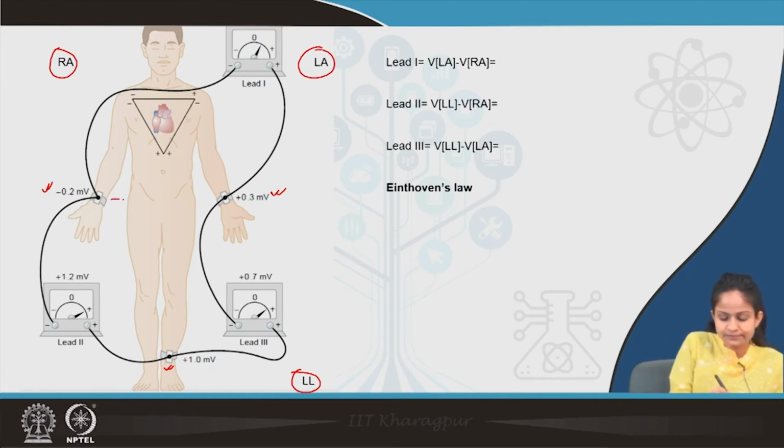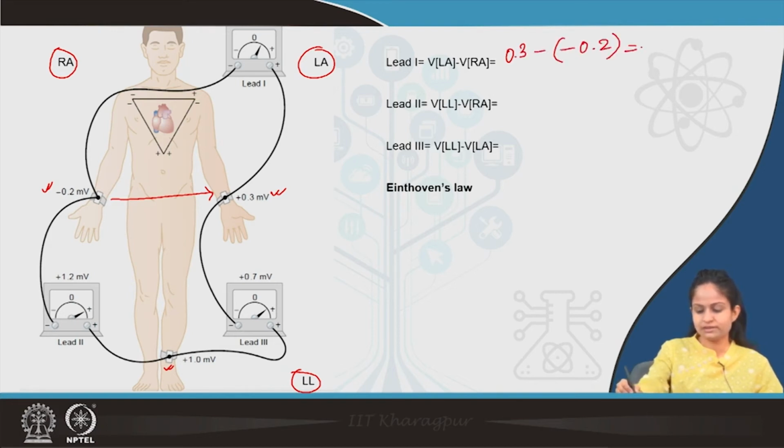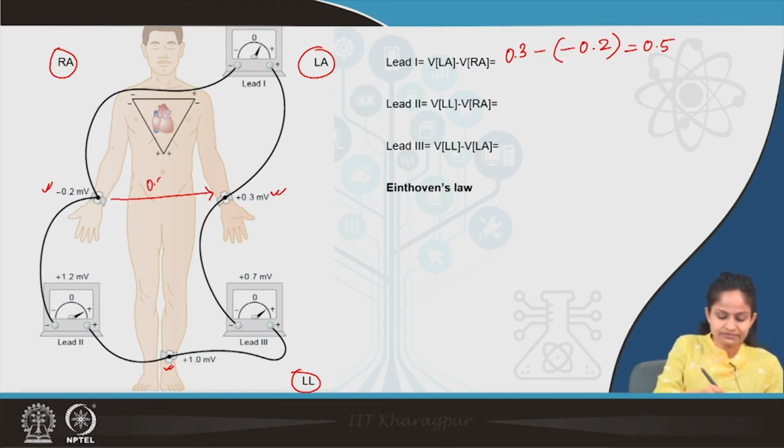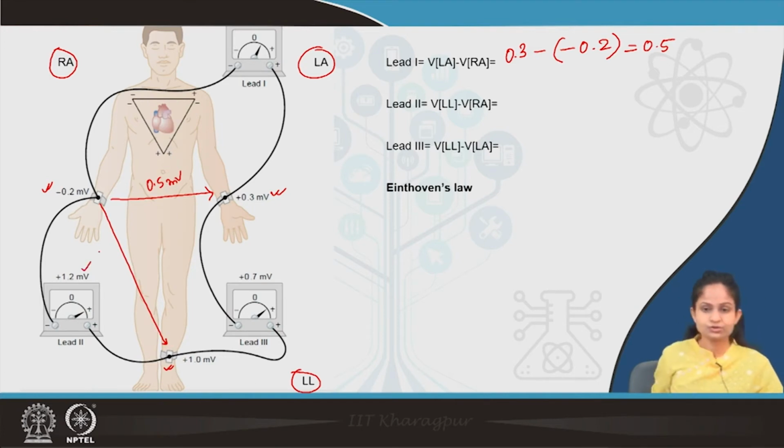So, lead 1 obviously is between the right arm and the left arm. It will give the potential difference of 0.3 minus minus 0.2 millivolt, that means 0.5 millivolt. Similarly, lead 2 will give a potential difference of 1.2 millivolt.